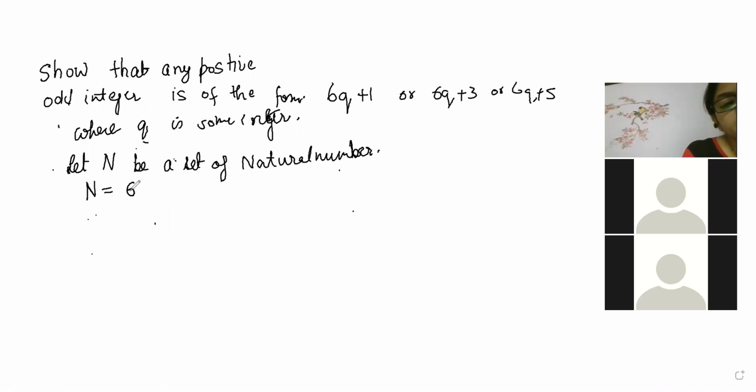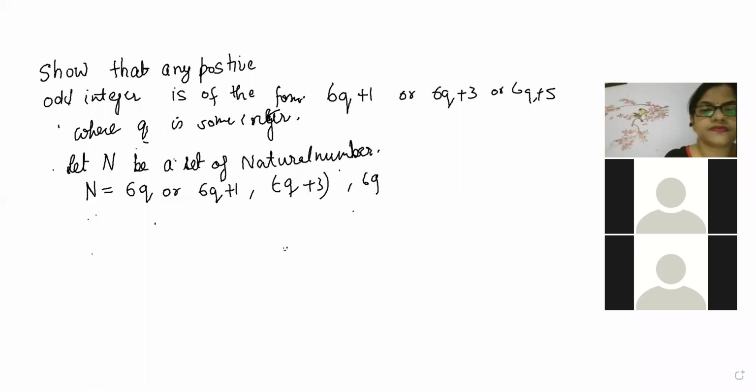Then n can be either 6q or 6q plus 1. So n can be 6q, 6q plus 1, 6q plus 3, or 6q plus 5.